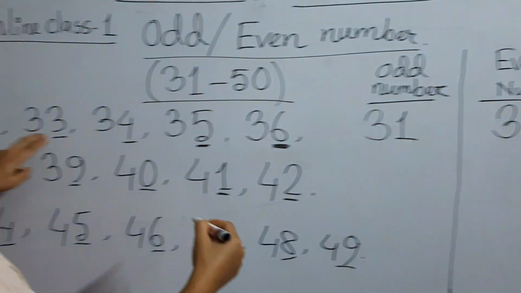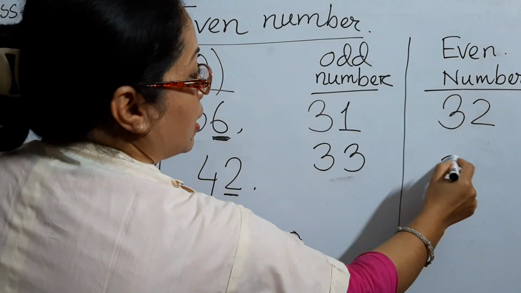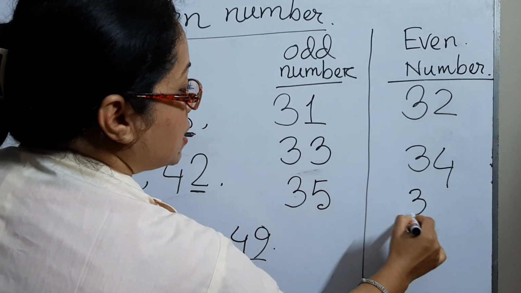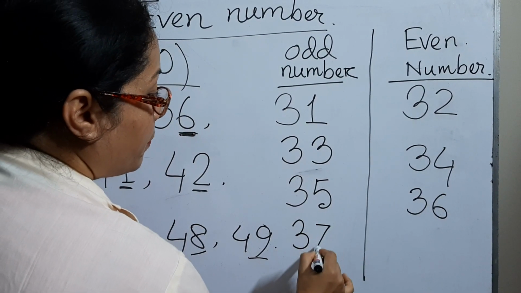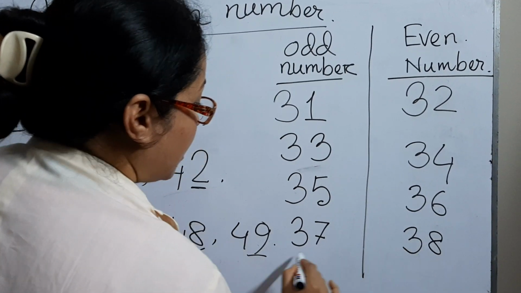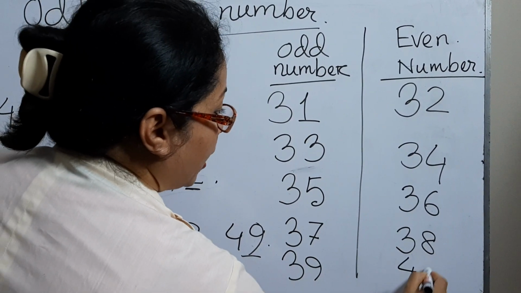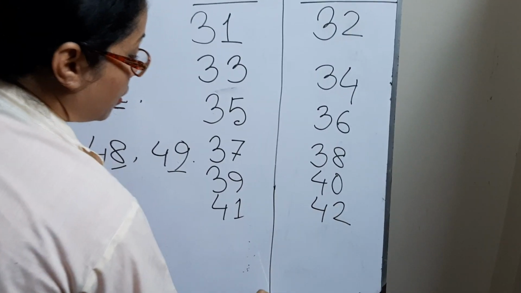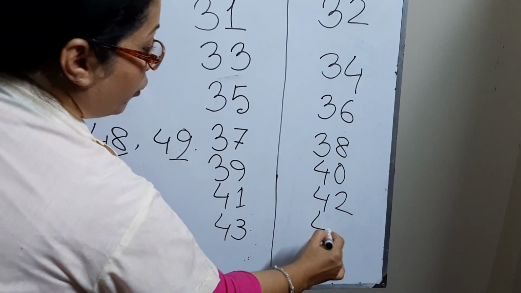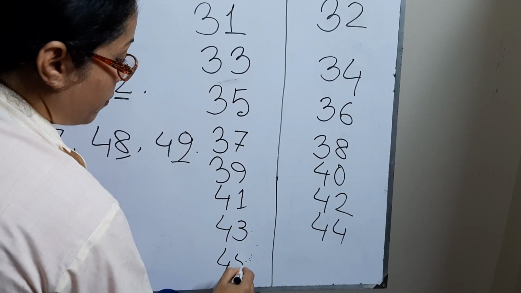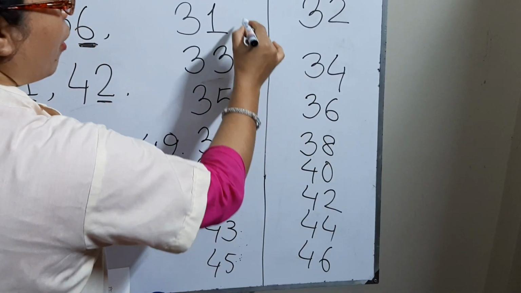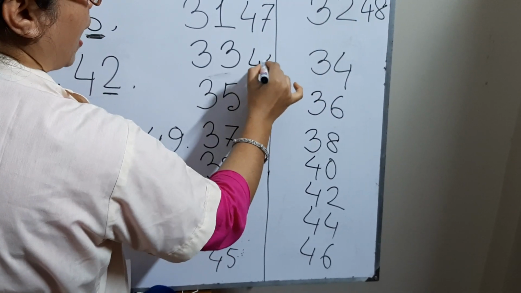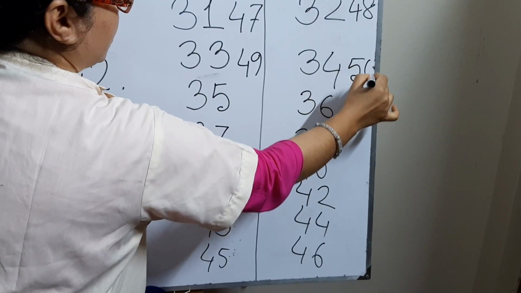In this way, 33, 34, 35, 36, 37, 38, 39, 40, 41, 42, 43, 44, 45, 46, 47, 48, 49 and finally 50.